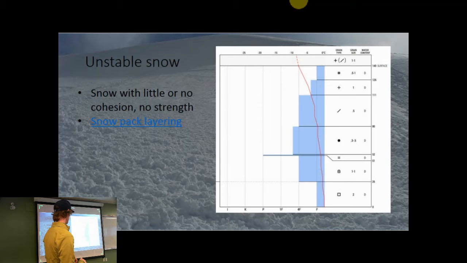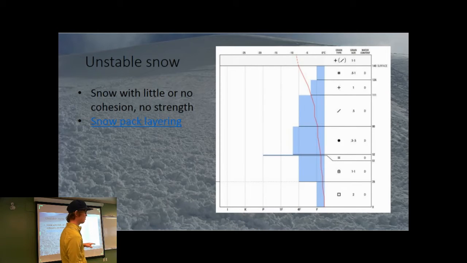And this little step diagram is the hardness. Engineers look at us laughing because we give it a 1 finger or a 4 finger. So this is ice, K for knife hard, pencil hard, 1 finger hard, 4 finger hard, and fist hard. So we push in the snow, and if we get resistance with my fist, well, it's harder than my fist.